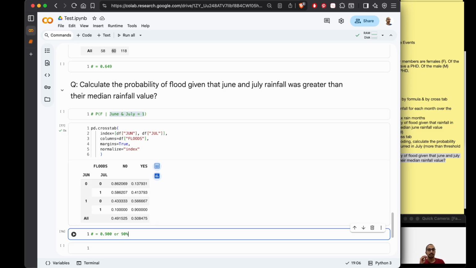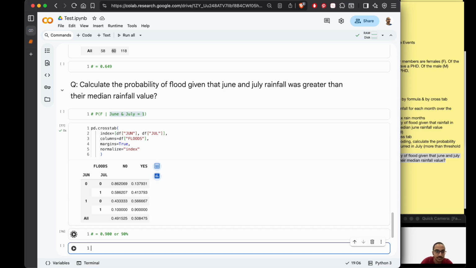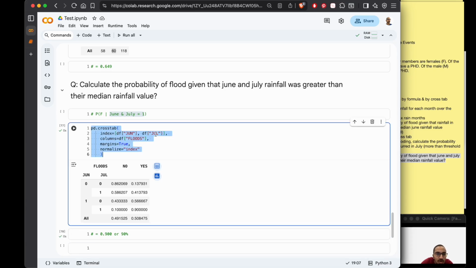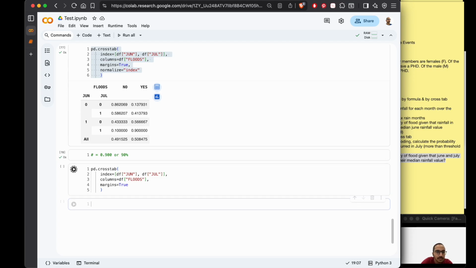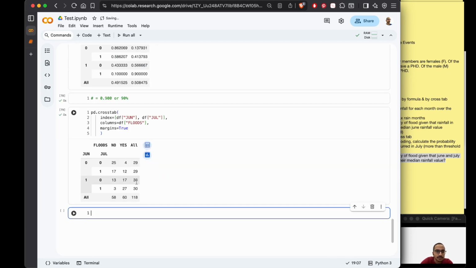So there is 90% chance that there will be flood given if the June and July rainfall value is greater than the median value. So that is how we do this one. Now let's do it the normal way without the normalization. So let's see the values.